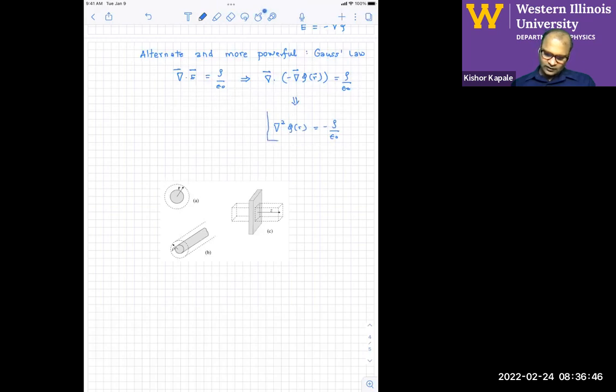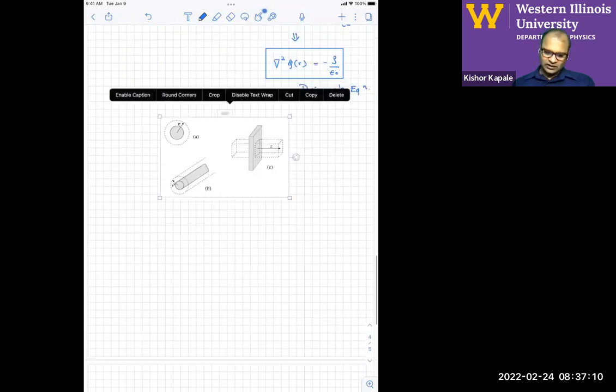I'm just going to put this in the box. Okay, so that's called Poisson's equation.